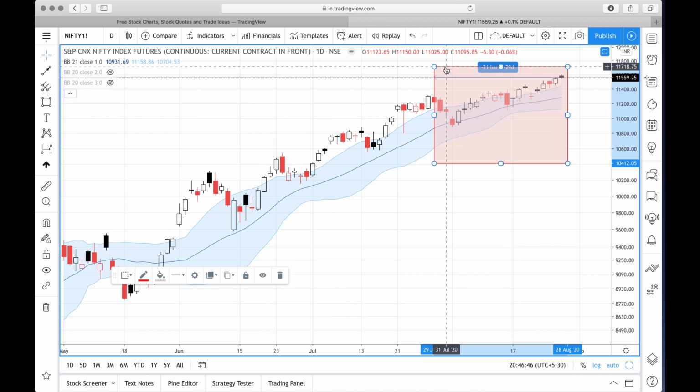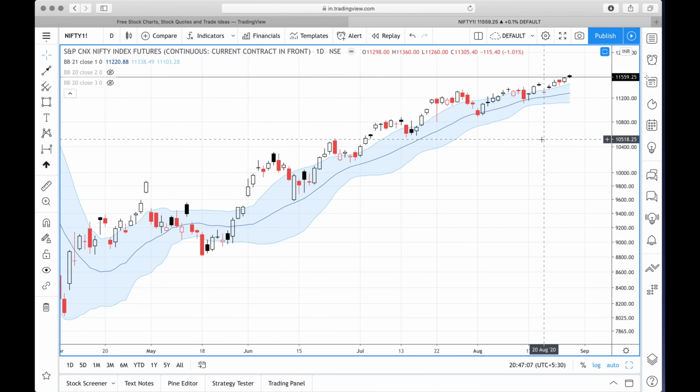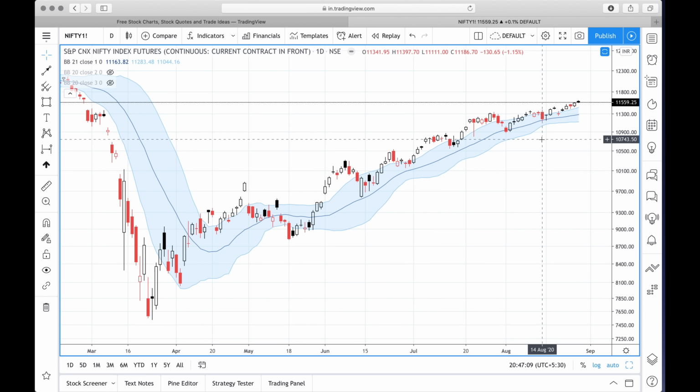So we can clearly see that, of course, a bit of it is outside the river. Quite a bit of it. Recently, almost 5-7 days are outside the river. What does it mean? It means this is that 30 to 35% of the market data which is trending. Means the prices have started to trend or are in a trending zone.